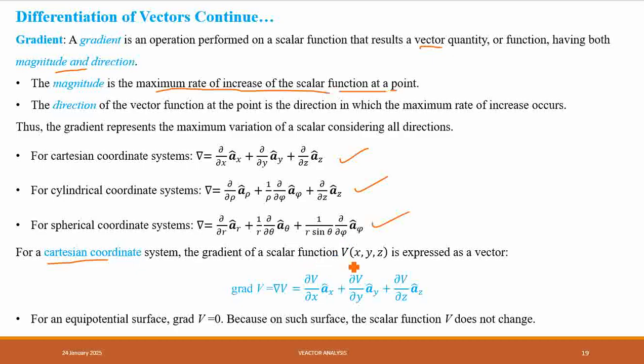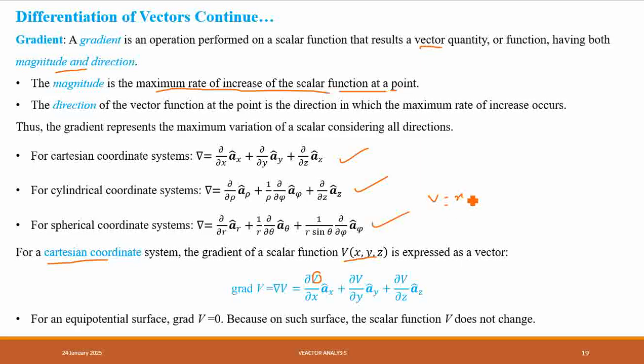In Cartesian coordinate system, the gradient of a scalar: I have taken here v as a scalar function, and I am going to find the gradient of v. The gradient of v is nothing but dou v by dou x and so on, since v is a function of x, y, z.